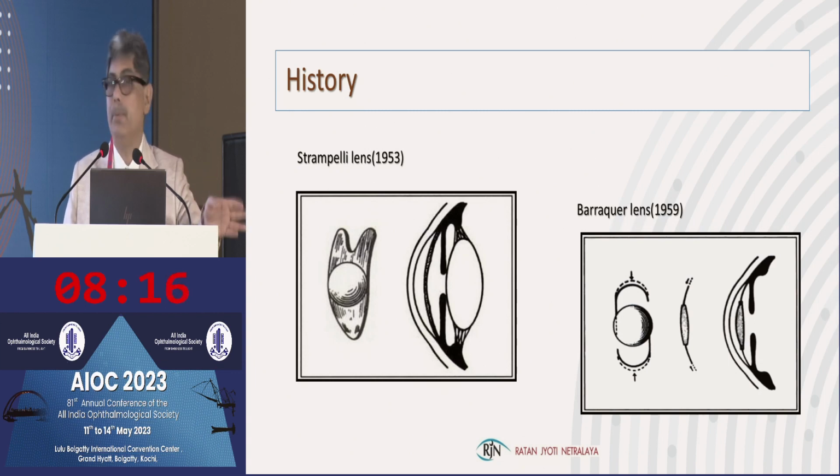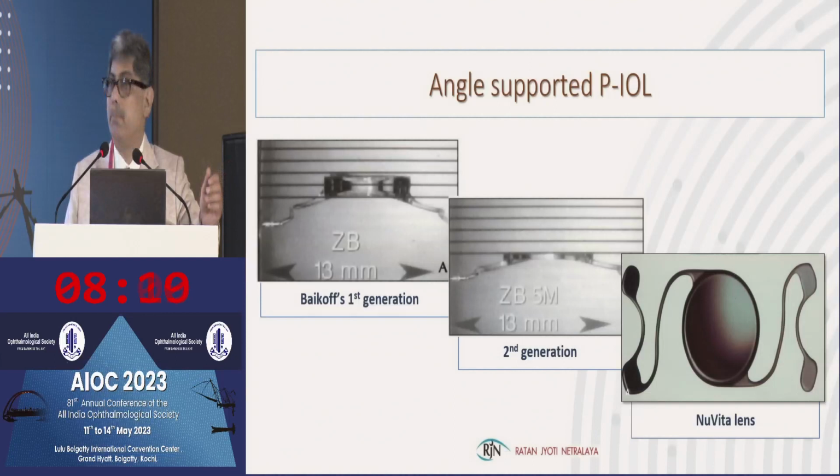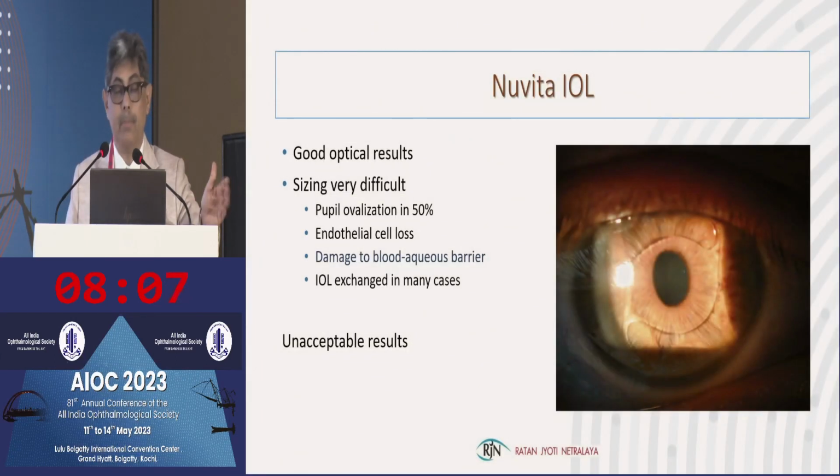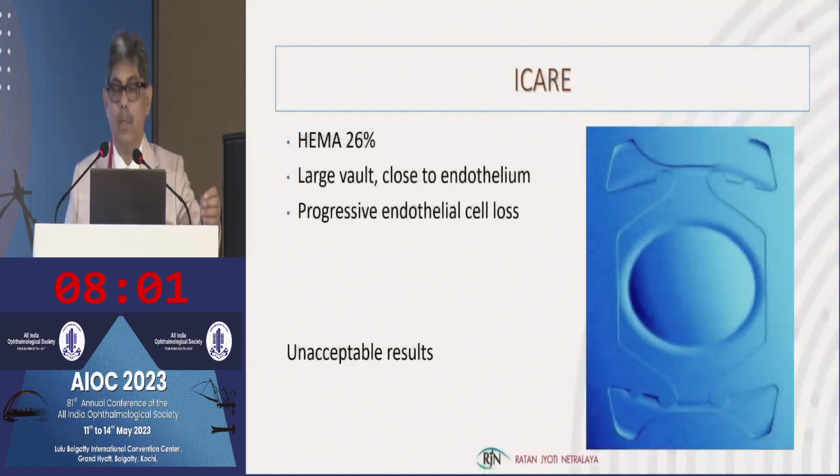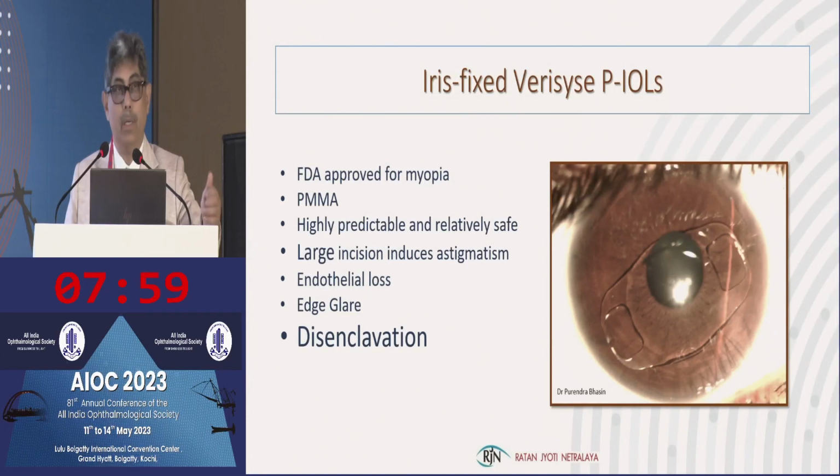The quest for the phakic lens started way back in 1953, and various prototypes and designs were developed, but none of them were successful because of poor position, poor design, and poor quality. Then came the iris fixed Verisyse phakic IOL, which was FDA approved, made of PMMA material.